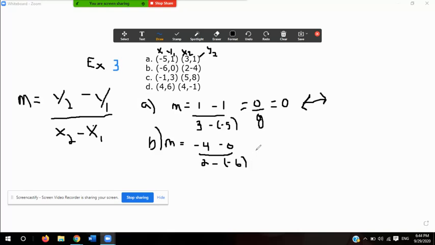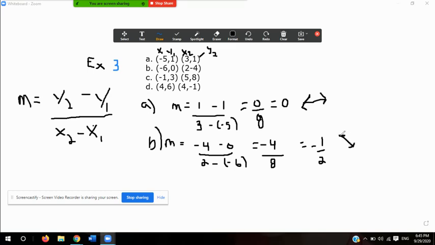Negative 4 minus 0 is negative 4, and 2 minus negative 6 is 8. And then I just reduce that, right? And that would equal negative 1/2. Now, because the slope is negative, that means the line is falling.